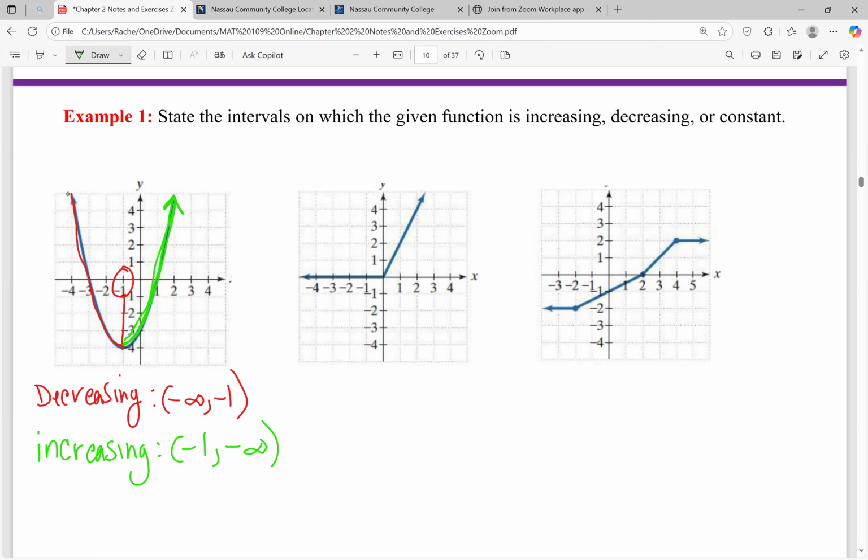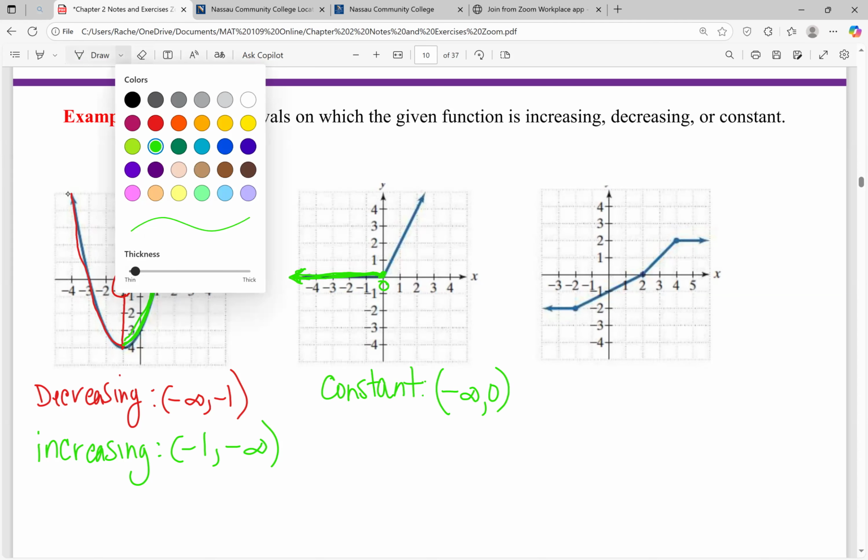So let's look at the next graph. On the next graph, we see that there is a constant portion of the graph that I just highlighted in green. So let's do that first. The graph is constant for what x values? Everything from negative infinity up to 0. That's where the function is constant.